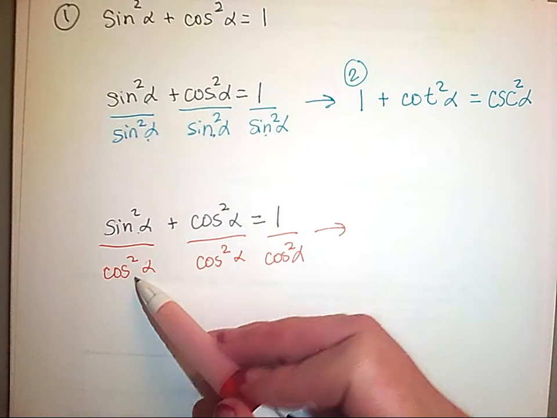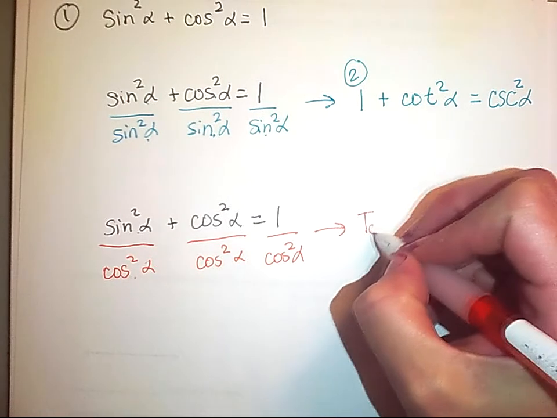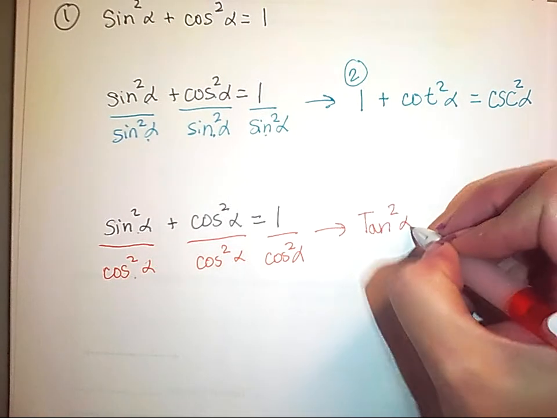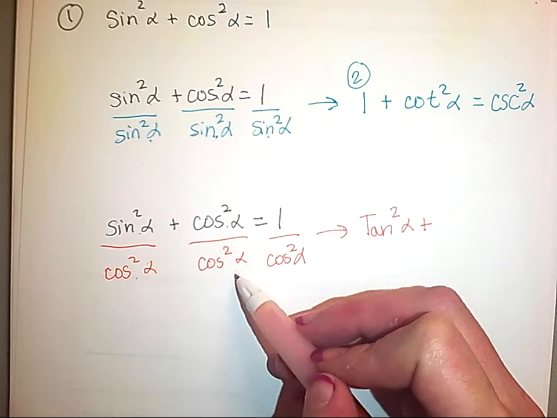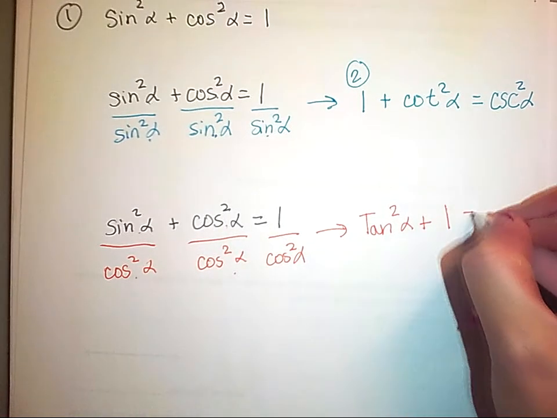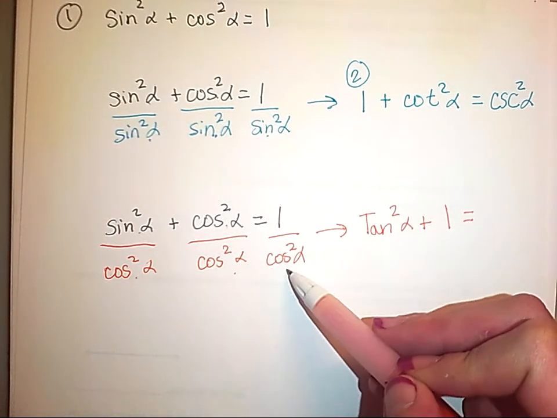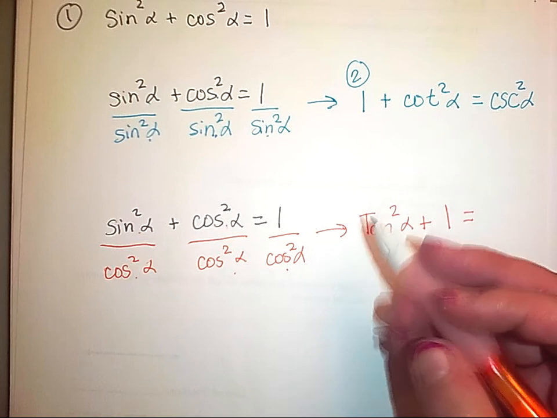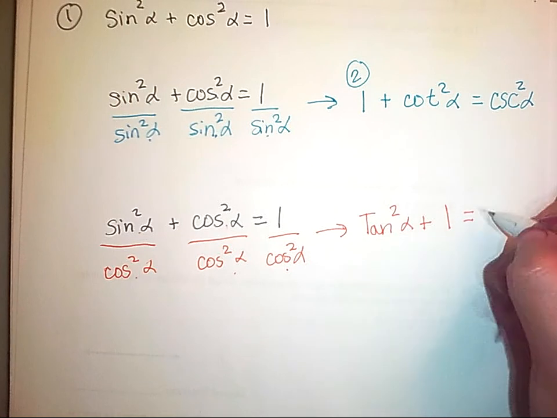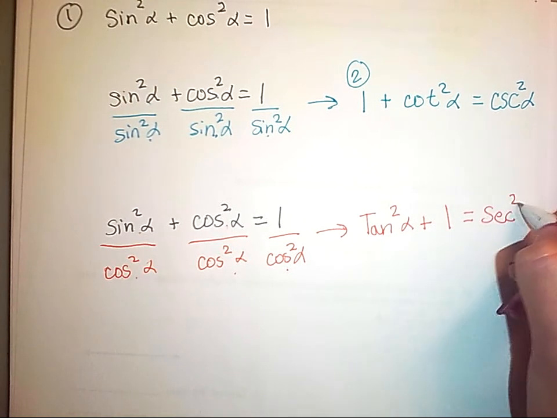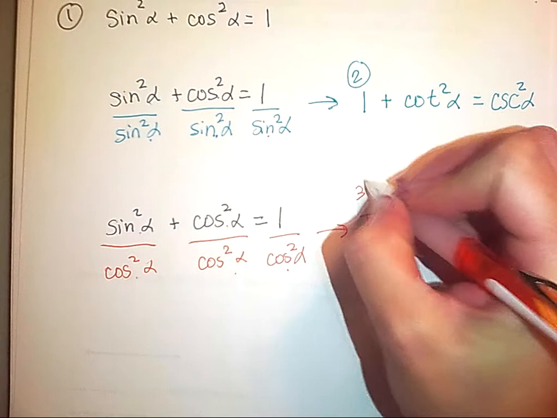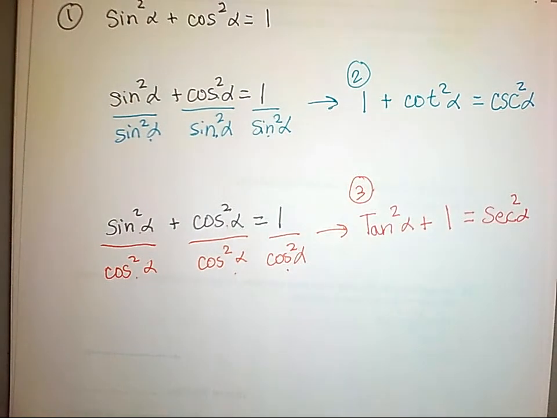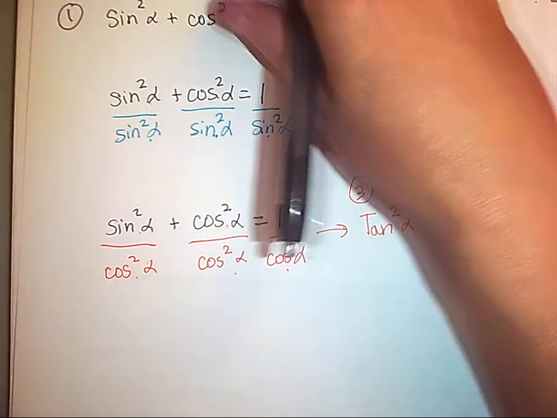And now sine squared over cosine squared is tangent squared, plus cosine squared over cosine squared is 1, and that's equal to 1 over the cosine squared, which is secant squared. So this is our third form of the Pythagorean identity. Alright, so that's what you need to know, so you can do these next problems.